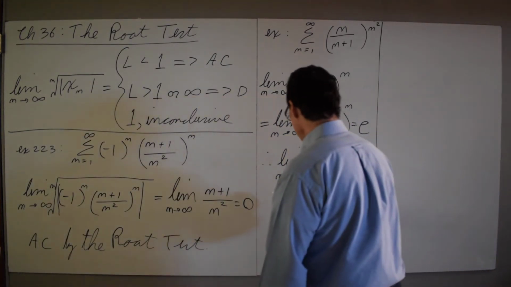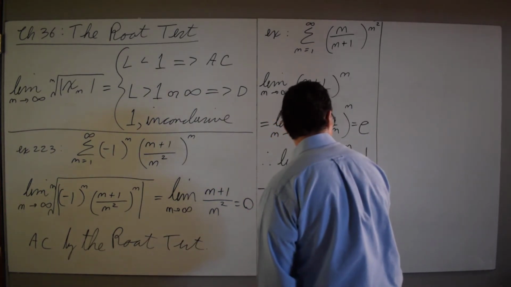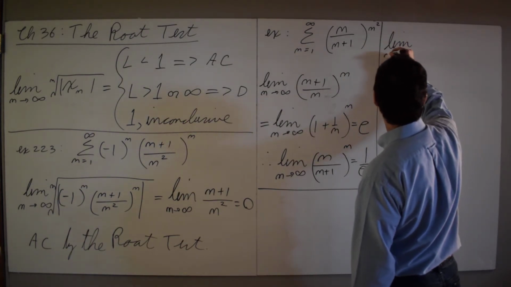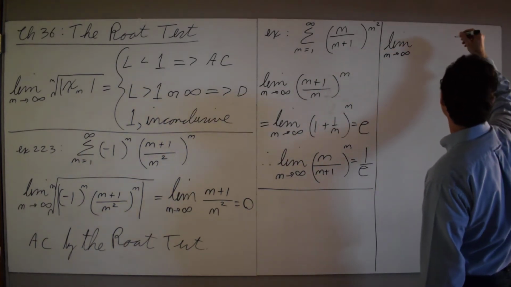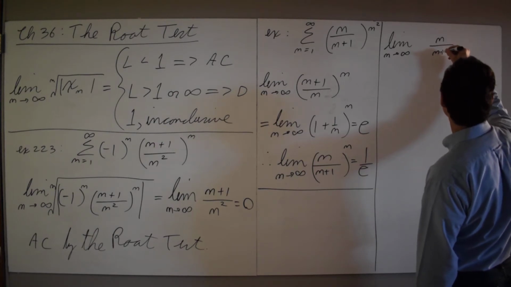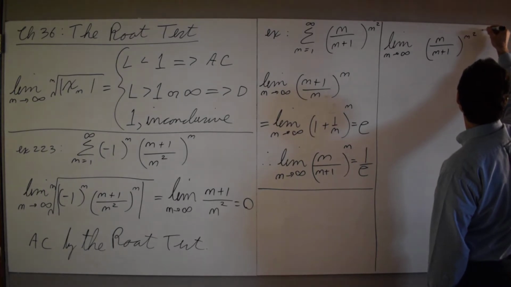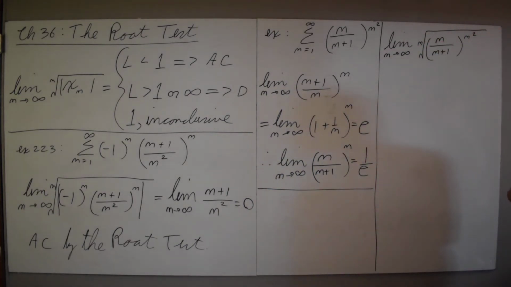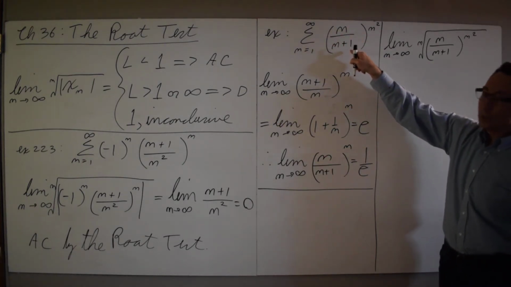So applying the root test to this example means that we are going to calculate the limit as n goes to infinity of the nth root of this term. And we will calculate the nth root. I left out the absolute value here because these terms are always positive.